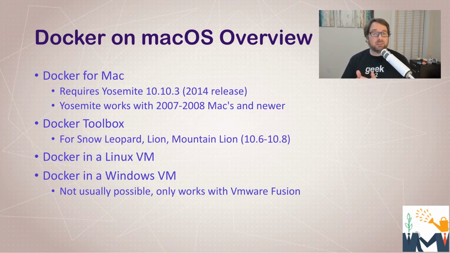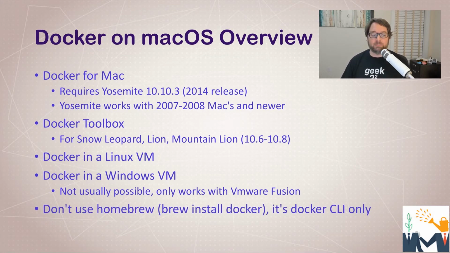It is possible to make it work in case you, for some reason, just want to run Docker on a Windows machine on your Mac. I personally just do that for testing and demo purposes. If you want to do that, it works with VMware Fusion. It does require a little special setting for nested virtualization, which means virtualization inside of virtualization. So you've got to get that working. But I'm told by the Docker team that it does work.